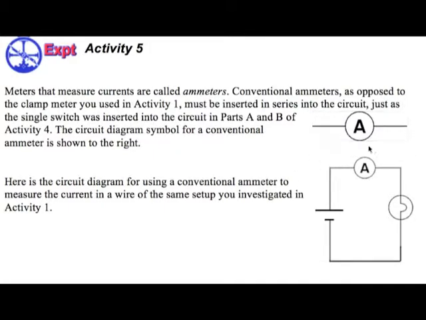The ammeter has a very low resistance, and if you have a battery on the left and a light bulb on the right, you need to break that circuit and insert the ammeter in series with the battery and the light bulb, and you'll measure the current going through this part of the circuit.